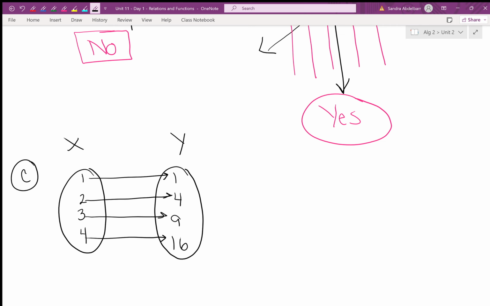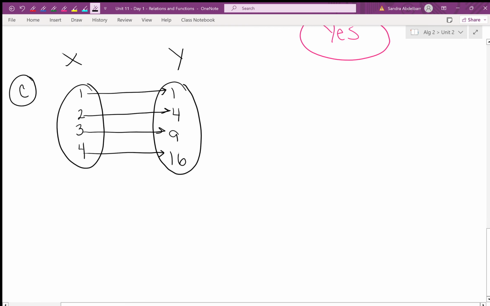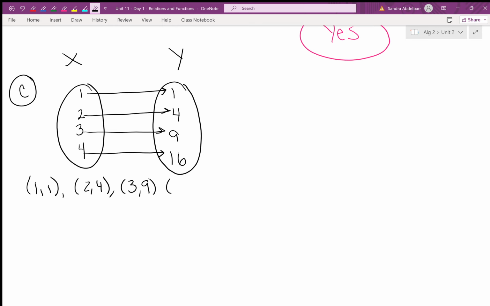The arrow's telling you which corresponding y-coordinate it's going to. If you wanted to list out your set of points, you can, but you don't have to. Are we repeating any x-coordinates? No, so is this a function? Yes.